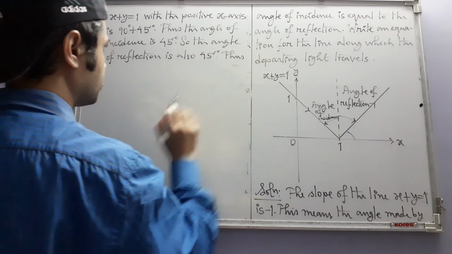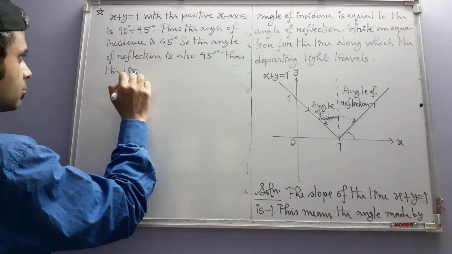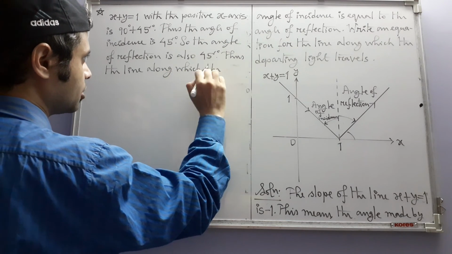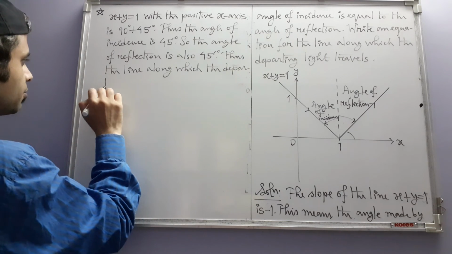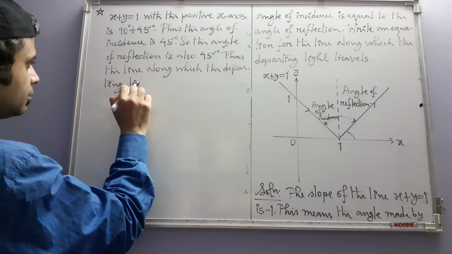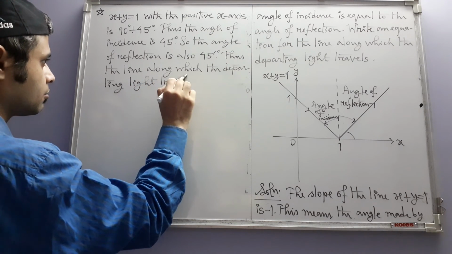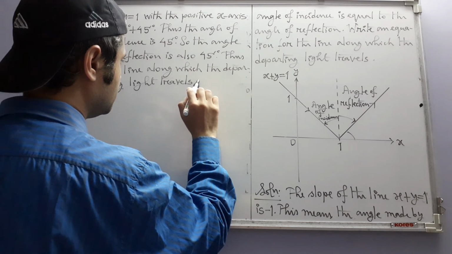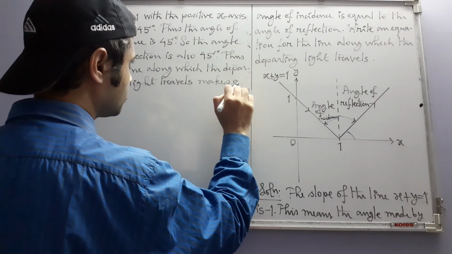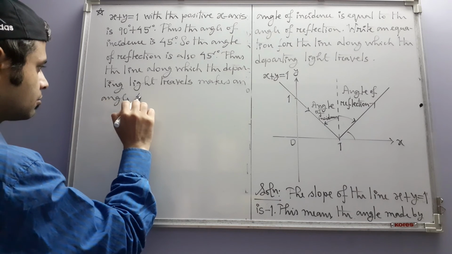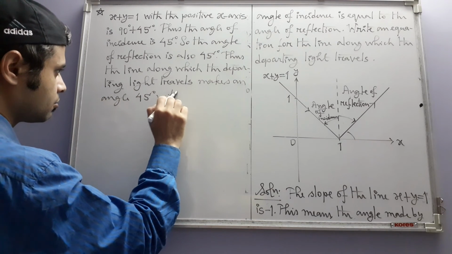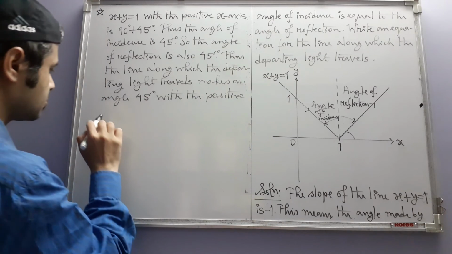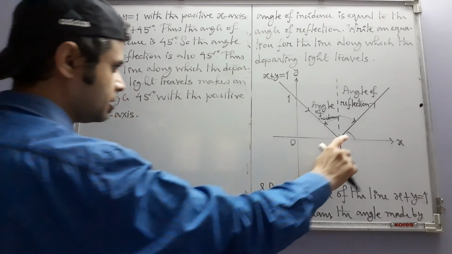Thus the line along which the departing ray or departing light travels makes an angle of 45 degrees with the positive x-axis, that is this angle.